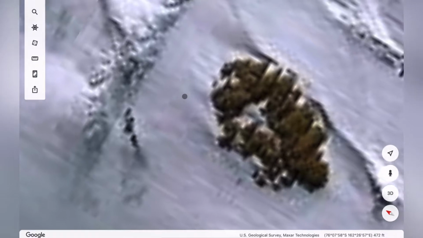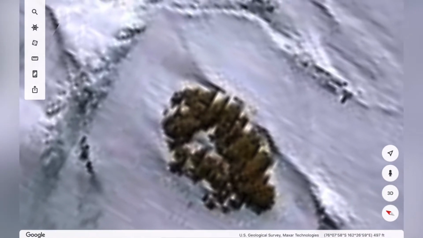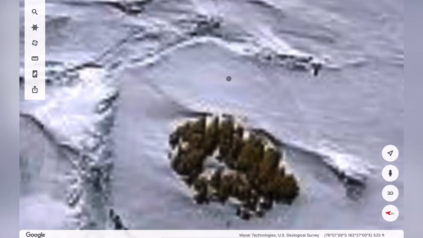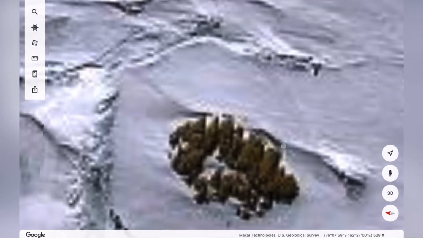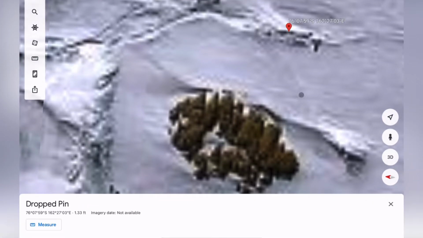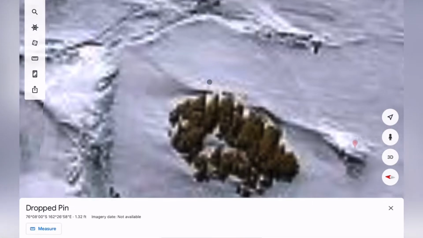Now, it's quite apparent that there was not only an ancient civilization on the entire Earth. Here's a coordinate: 76 degrees, 7 feet 59 inches south, 162 degrees, I think that's east. Yeah, 162 degrees east, 27 feet 3 inches. So it's pretty close to the pole.